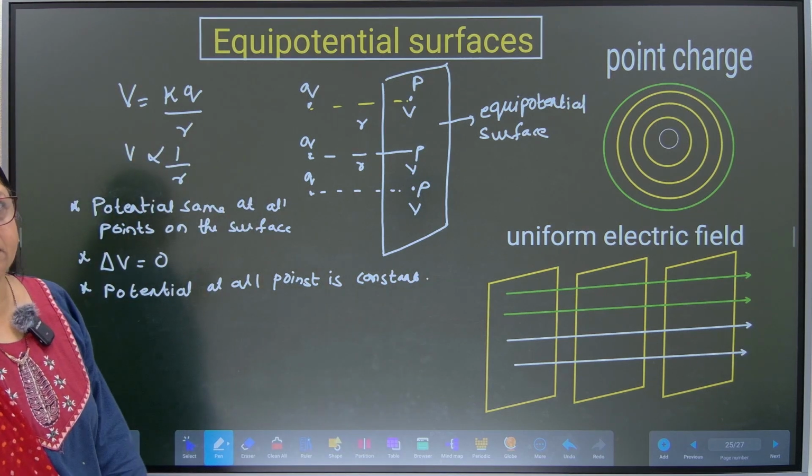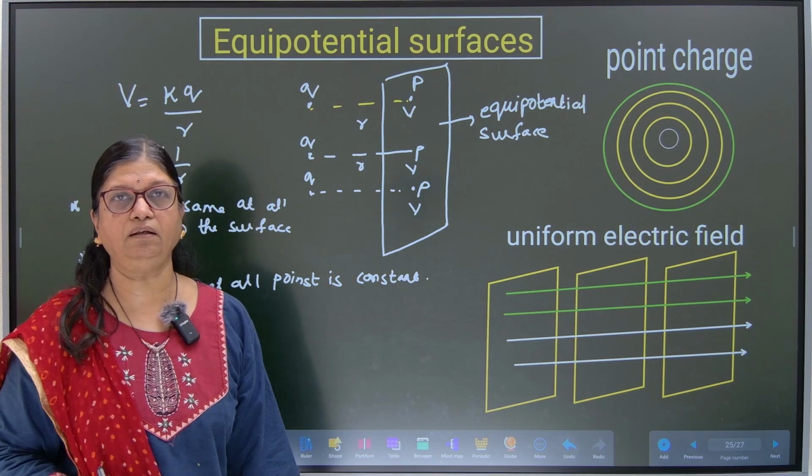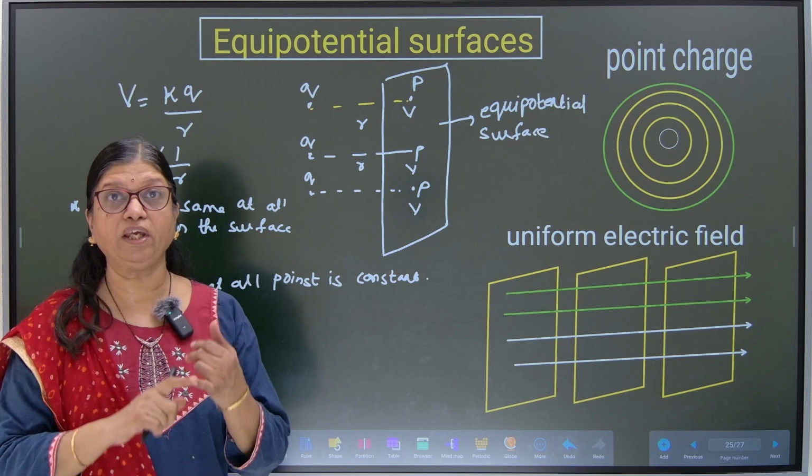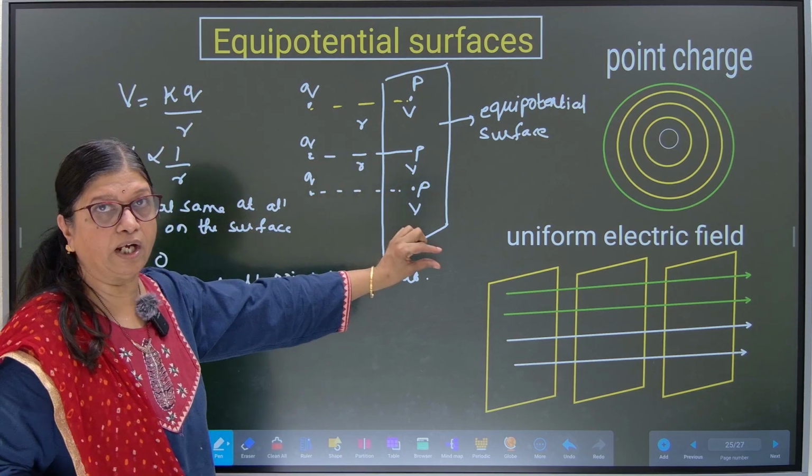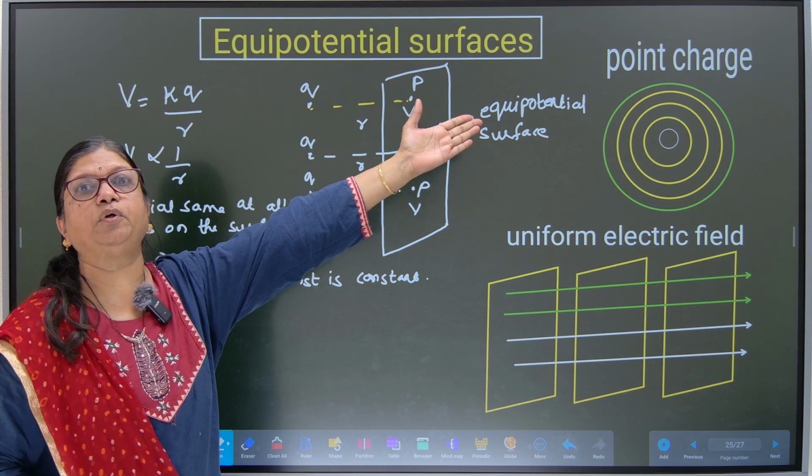Okay. If the potential at all the points is constant, then do we have to do any work to shift a charge from one point to another point on this equipotential surface?